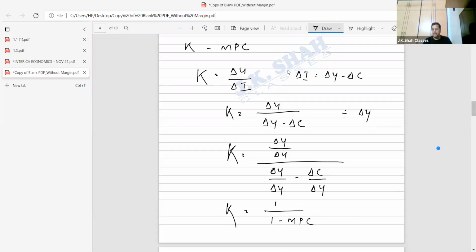What is delta C upon delta Y? Delta C upon delta Y is MPC.